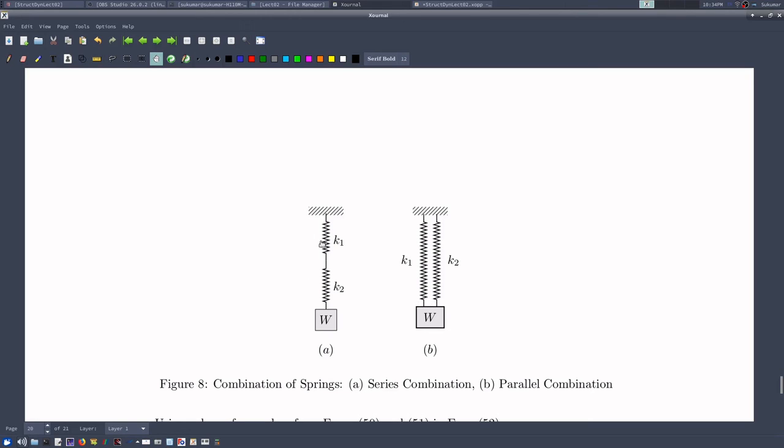In series combination, what happens? Both the springs carry the same load, whereas in parallel combination, both the springs undergo the same deformation, equal deformation. These are the two key points we should remember. In series, springs carry the same load.